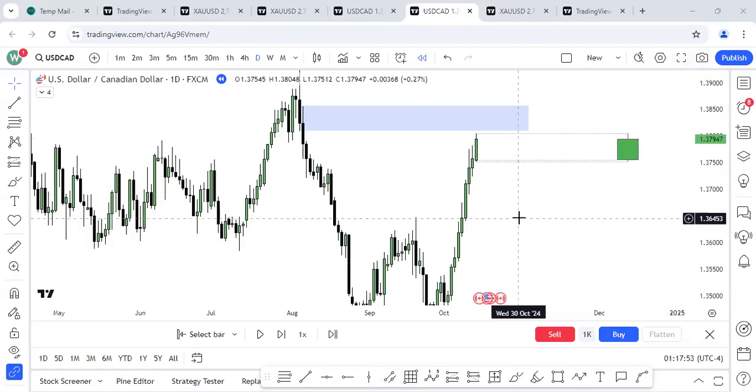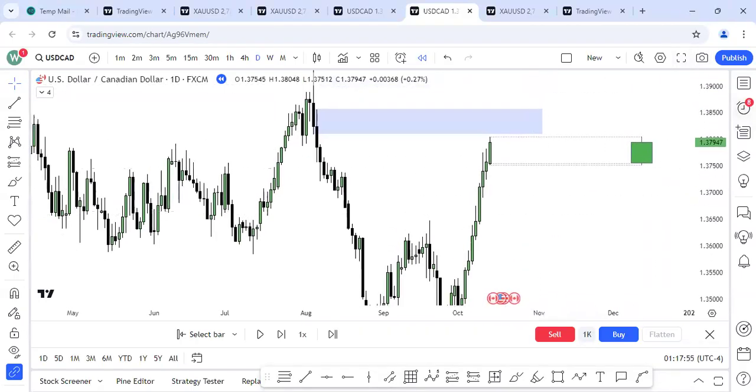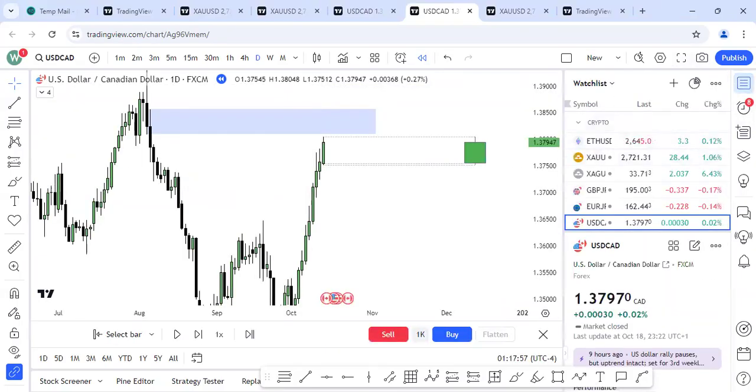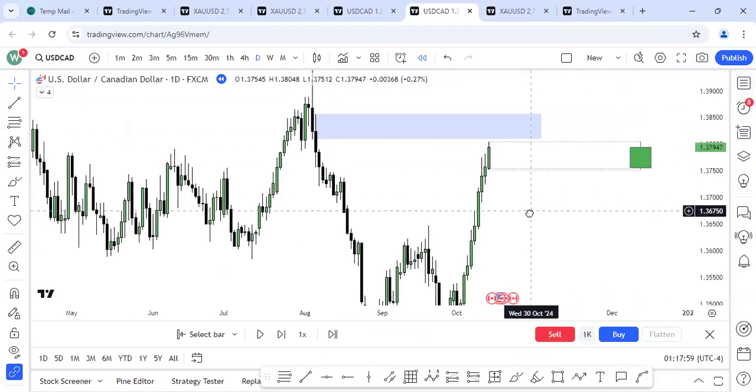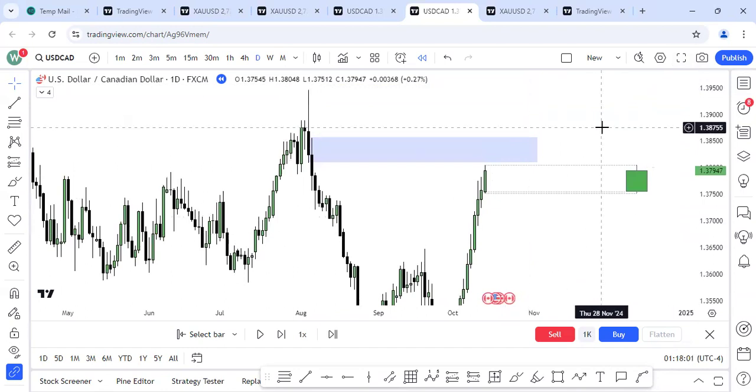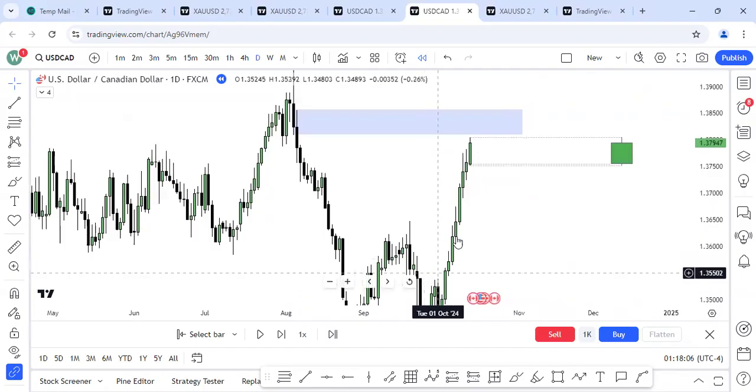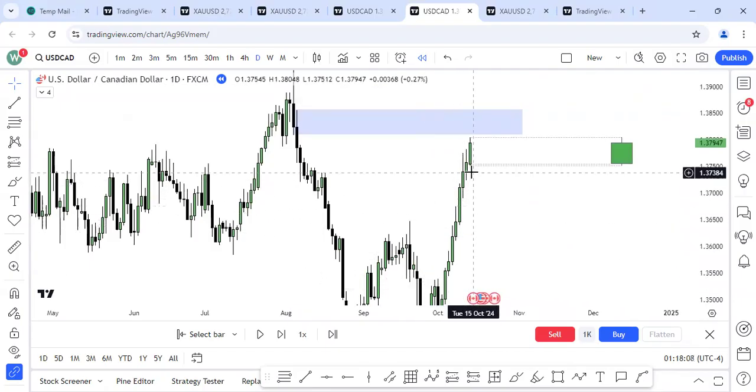Let's see what USDCAD was doing on the daily time frame, what price was doing. Price came from a big expansion.